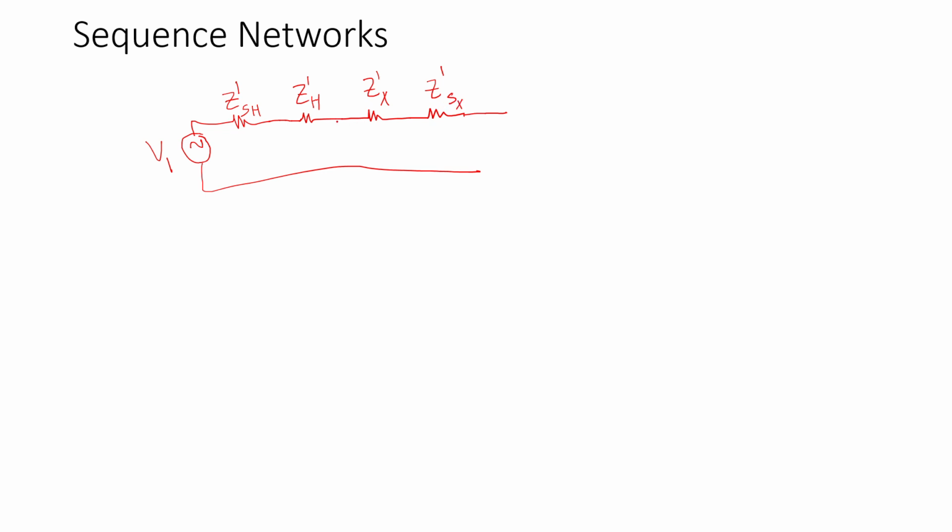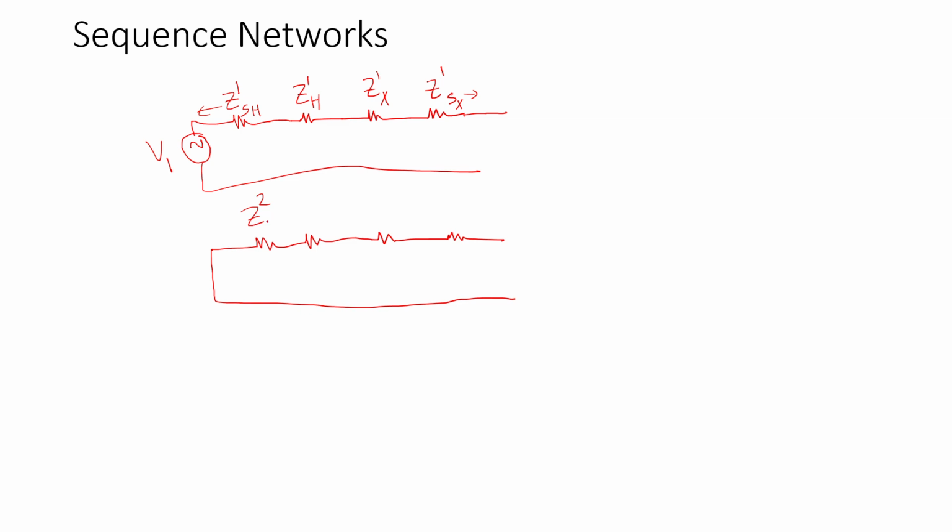This is as seen from this side here, and this as seen from this side, so two different voltages. Then for negative sequence, you draw the same sequence network with the exception that there's no source.